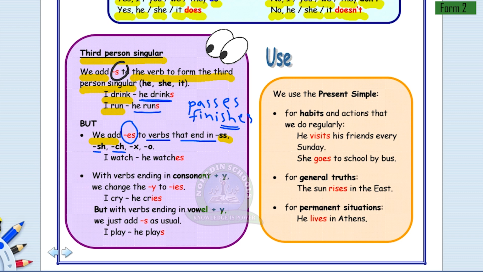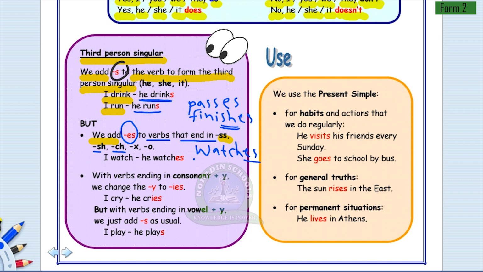And also, if the verb ends in ch and the subject is singular, we need to add es. For example, watch. Let's say an example: she watches films every night.